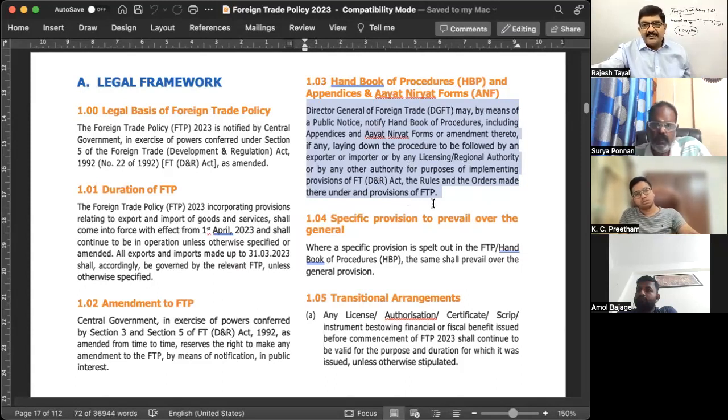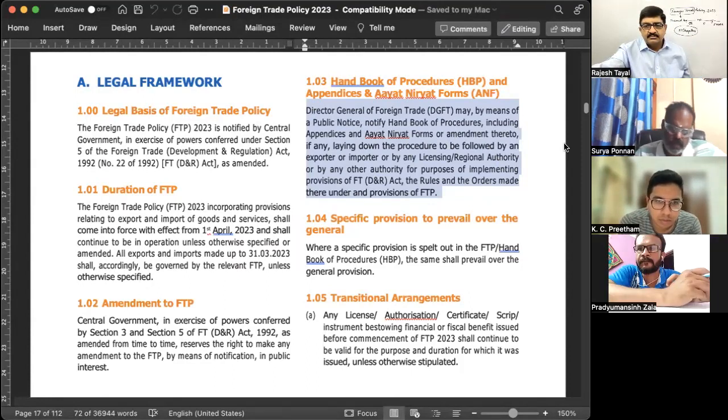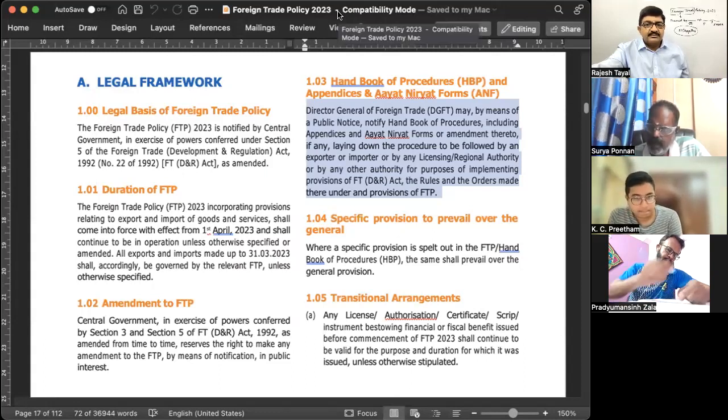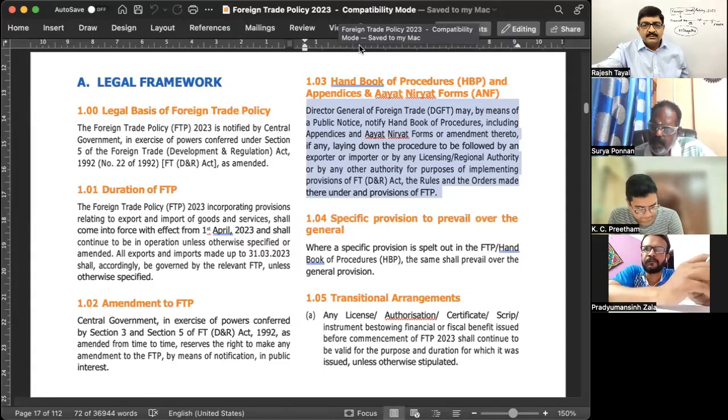Read this again, what highlighted portion, and check if you have any question or any doubt. Any question on this point?